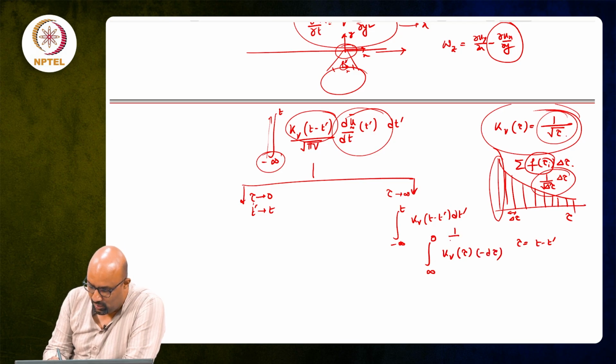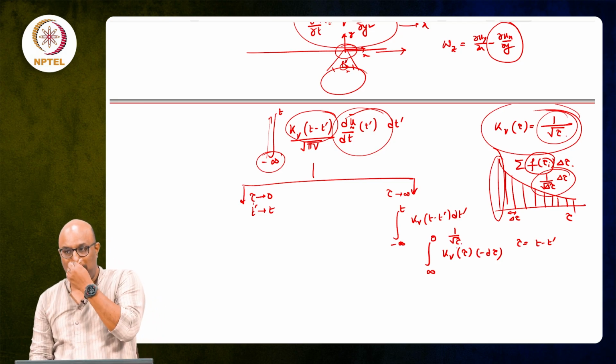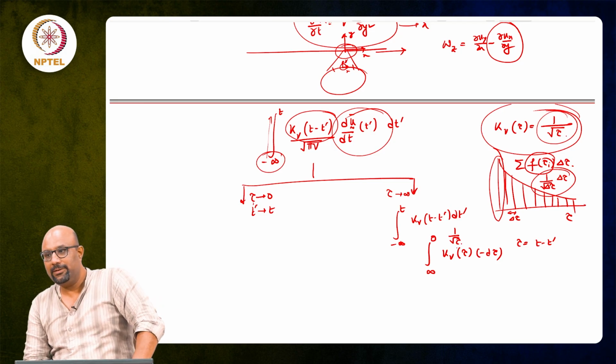Now, this is 1 by root tau. What is the issue with this integral? 1 by root tau d tau going from 0 to infinity.